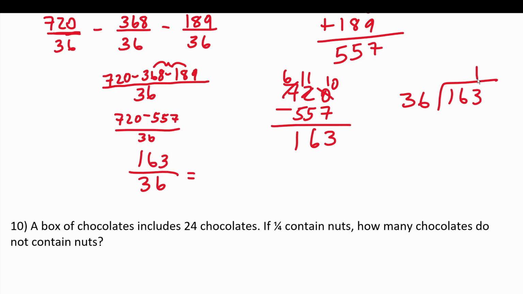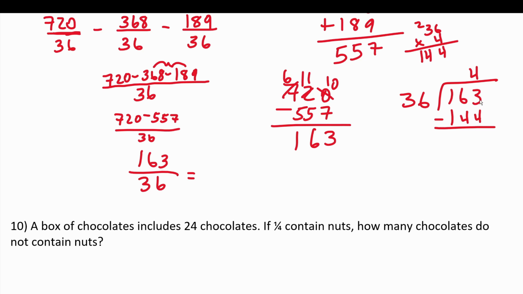So I'm going to say this is about 4 times, and let's work that off to the side to confirm that. 6 times 4 is 24. Carry a 2. 3 times 4 is 12, 13, 14. Okay, if I were to add 36 to 144, that would be greater than 163. So 4 is going to work in this case. So 36 times 4 is 144.